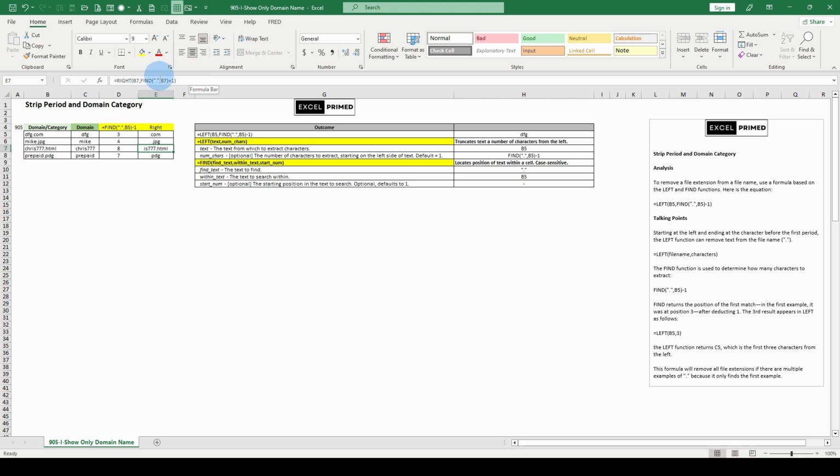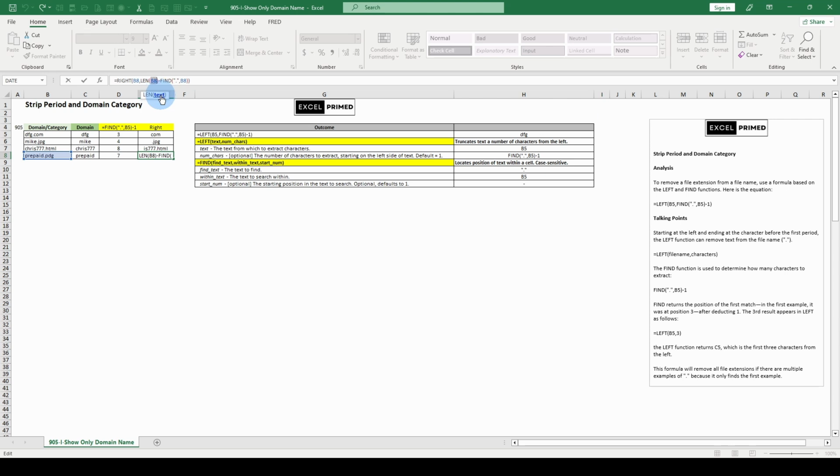Now, what do we have to do to fix this? Remember, we had that LEN function, and we have a starting point. We're going to use this RIGHT function, and we want to keep the last 3. We're going to use LEN, which is going to be our total length, minus FIND, which is going to be 3. How do I know? Let's look here.